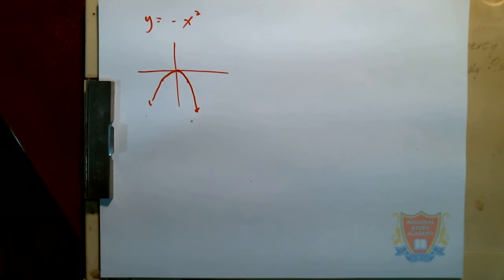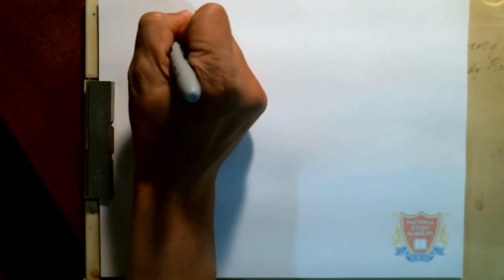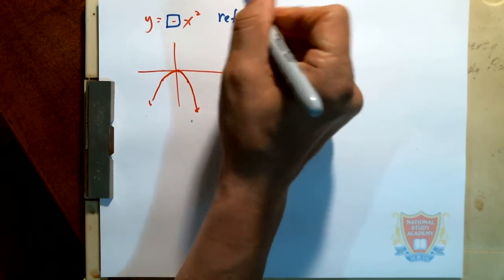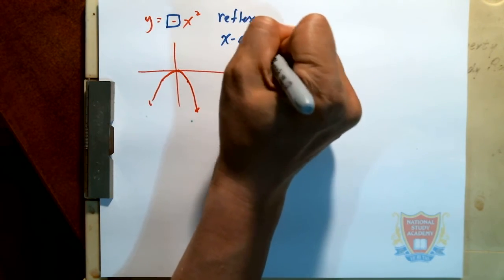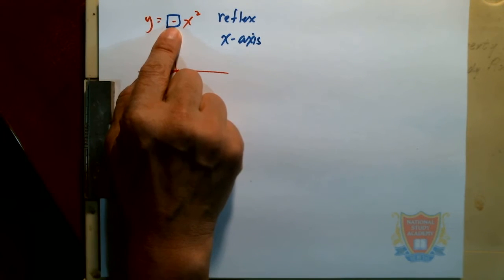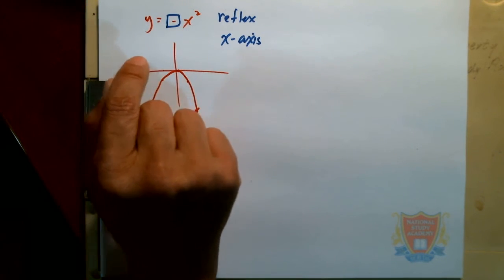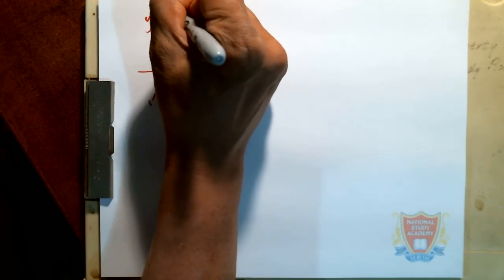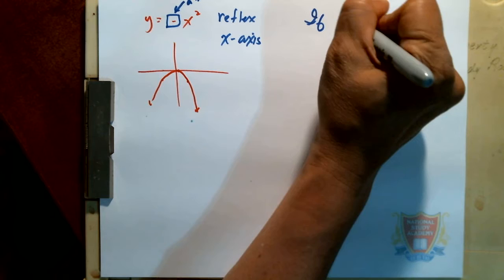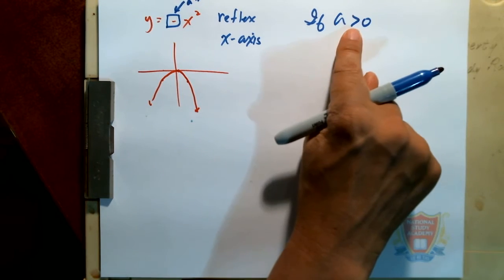What do you notice as the difference between this and the previous example? You notice that this negative now is a reflection about the x-axis. Okay? We call this value the a value, by the way. So let's say a right over here. This is your a value. So if a is greater than 0, what's another word for greater than 0?